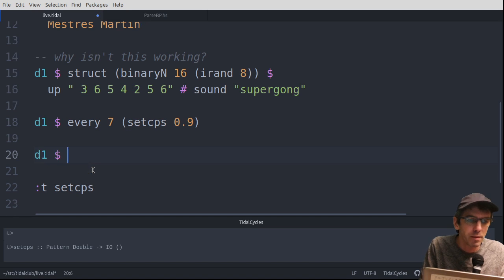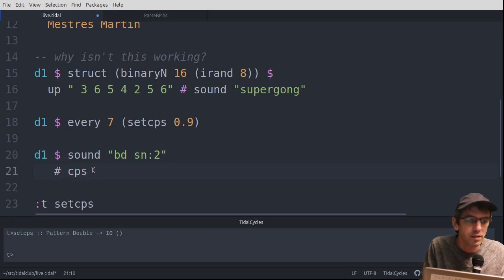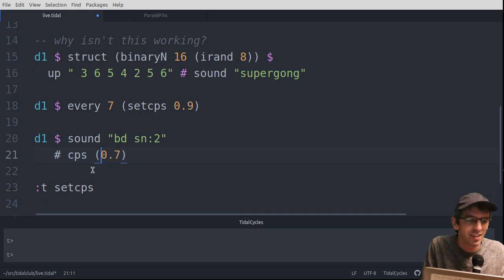You can't pattern it in that way, but what you can do is do CPS 3 maybe, or it'll be fast, let's say 7. And then you can do things like pattern it like this. And you could do things like every 2 times 2.